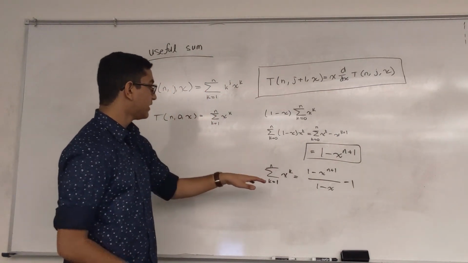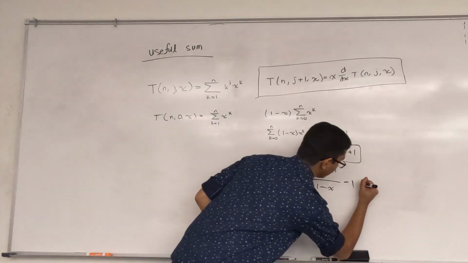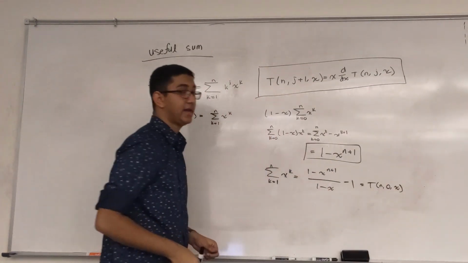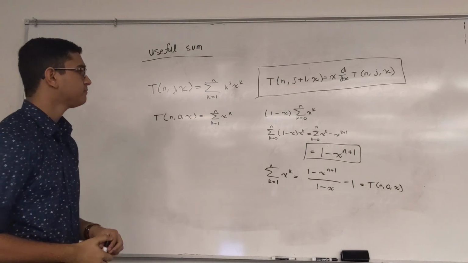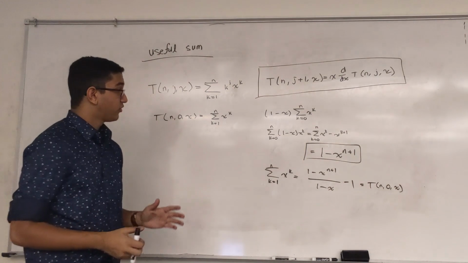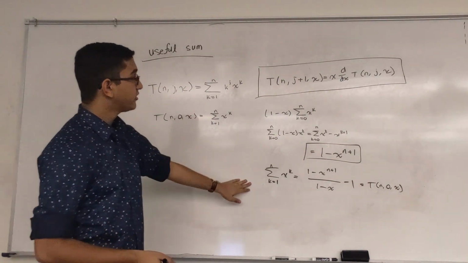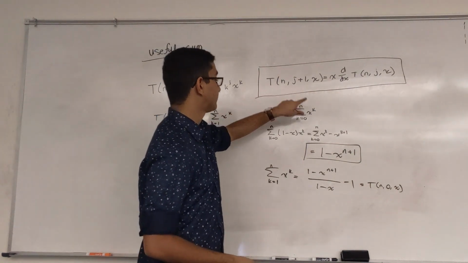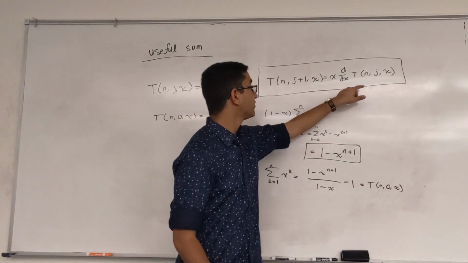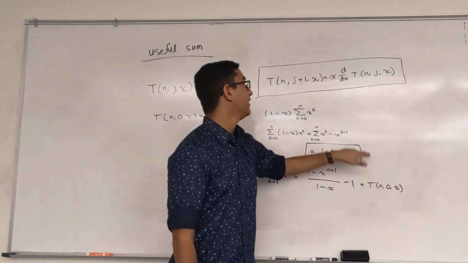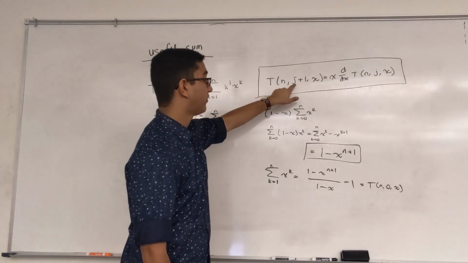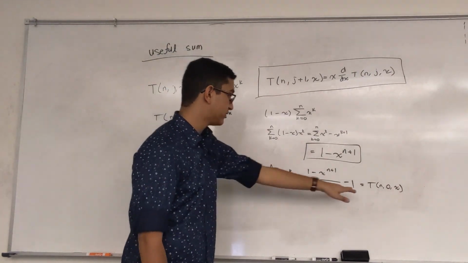So now we know that this is actually equal to T of n, 0, x. Okay? Now, with what we've just found, we can actually start computing this, because now we have a value of T n, 0, x. So if we wanted to, we can take the derivative of that, multiply by x, and we will get what this is for j plus 1, where in this case our j is 0.